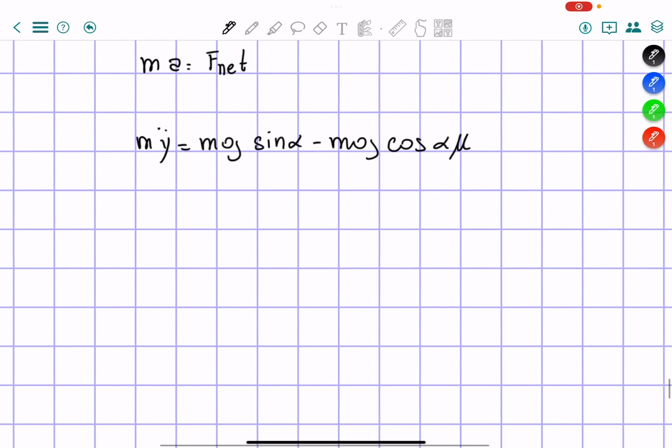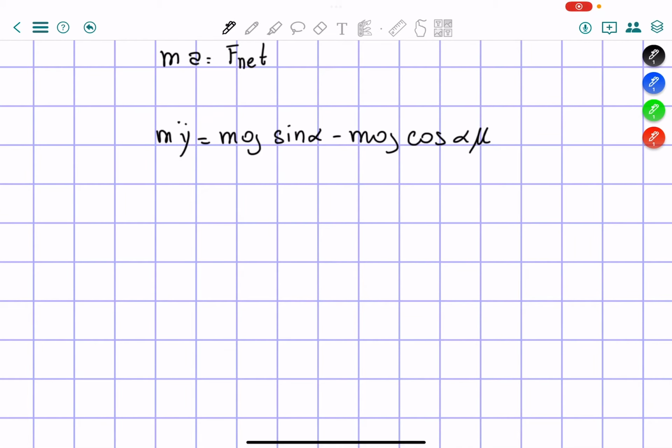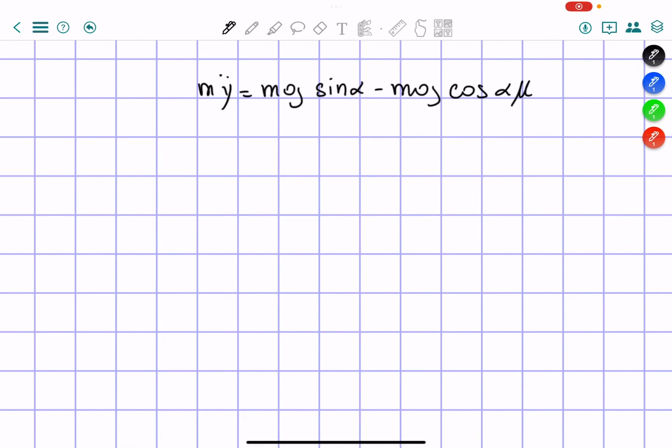Now, if we instead were to take the Lagrangian, we know that the derivative of the Lagrangian with respect to y is equal to d over dt of the derivative of the Lagrangian with respect to y dot.